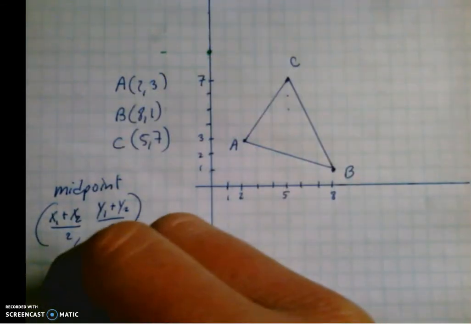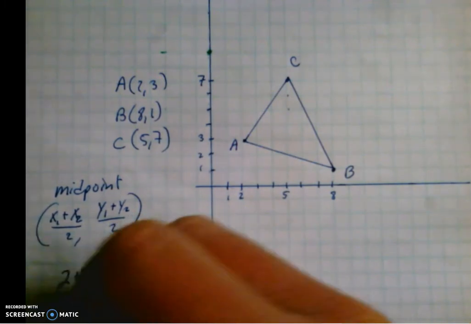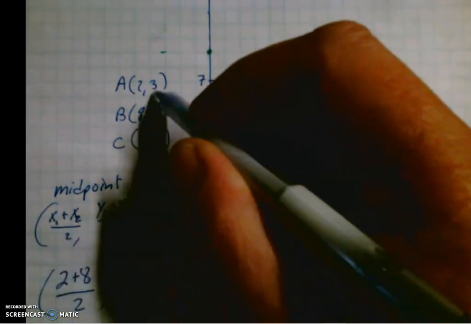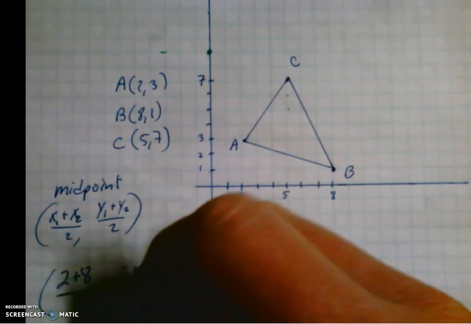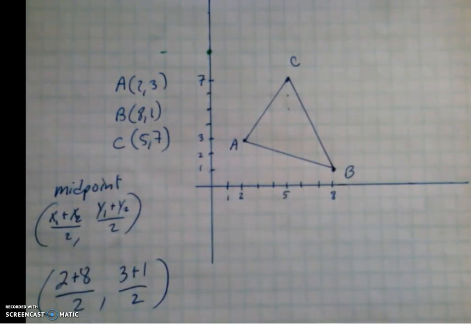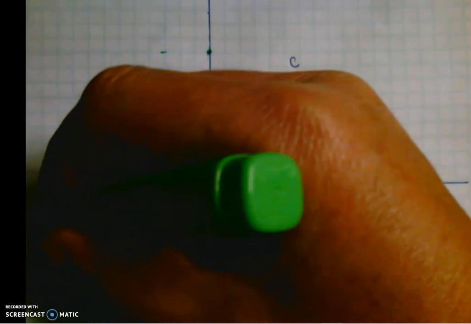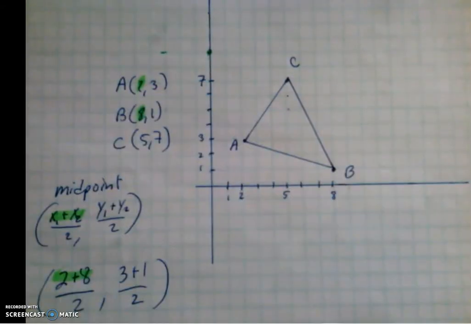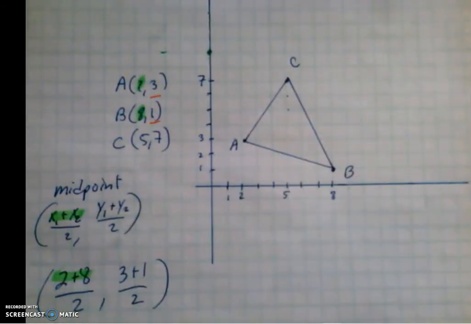The x's would be 2 plus 8 divided by 2, and the y's would be 3 plus 1 divided by 2. I'm taking the two x coordinates, adding them up, and dividing by 2, then doing the same thing with the y coordinates.